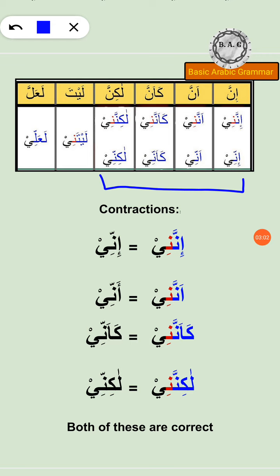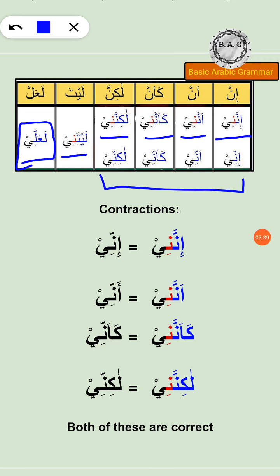Whenever the pronoun is attached with inna, anna, ka anna, lakinna, these are the ones that end in noon, that's when this innani, annani, ka annani, lakinnani, the formation with the addition of noon wiqaya is done. And additionally, we can also see that laitani is also one of those scenarios where we need to add noon wiqaya. However, la'alli is the one that is used. We do not say la'allani, we say la'alli.